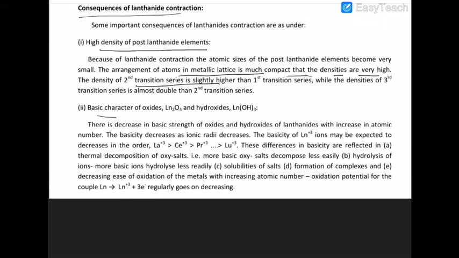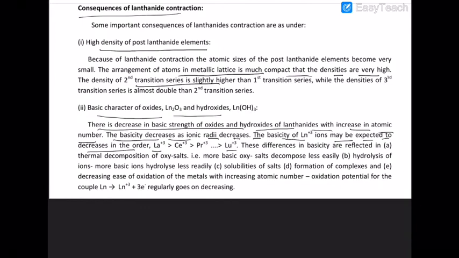Similarly, basic nature of the oxide and hydroxide. There is a decrease in the basic strength of oxides and hydroxides of lanthanides with increase in atomic number. The basic strength decreases as the ionic size or radius decreases. The basicity of Ln3+ ions may be expected to decrease in the order: lanthanum 3+ is the most basic and lutetium is the least.